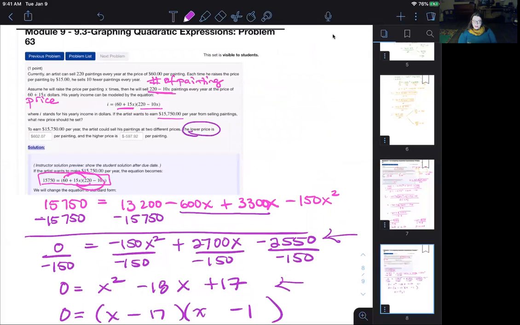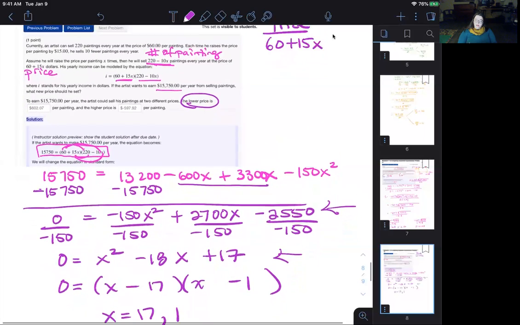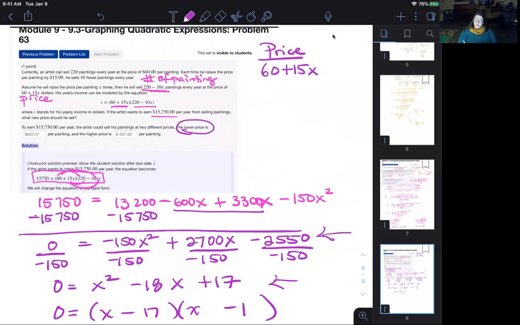So if we go back to the price being $60 plus 15x, this is the equation for the price. So if I do one price increase, I'm going to add $15 to the 60. So the lowest price is going to be $75.